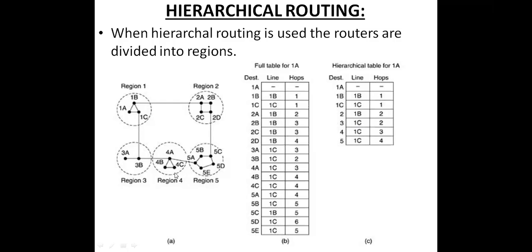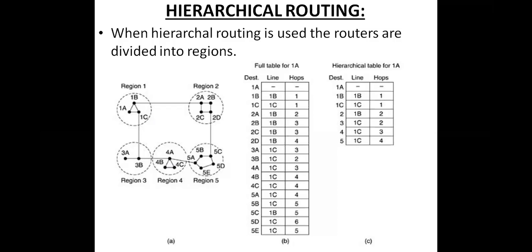For region 4, via 1C, the number of hops is 1, 2, 3. Or you can go via 1B also, 1, 2, 3, 4, and then 5. In this direction it is 1, 2, 3, 4, so because of that reason we are moving via 1C. Likewise, we can reduce the routing table size.